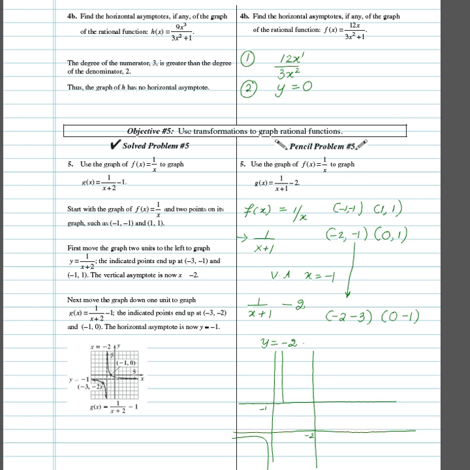This point here would be (-2, -3), and this point here would be (0, -1).